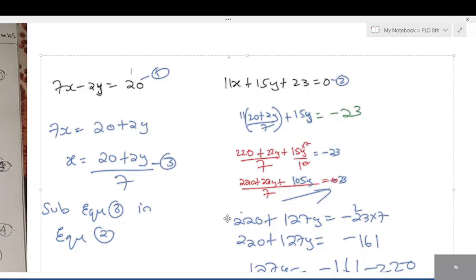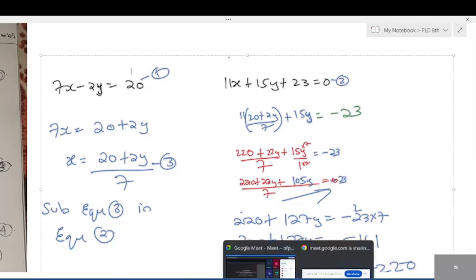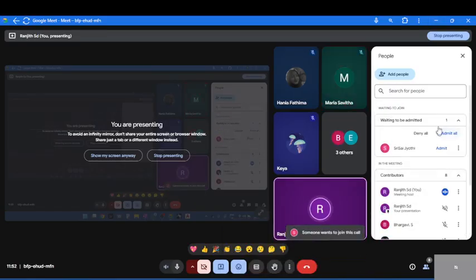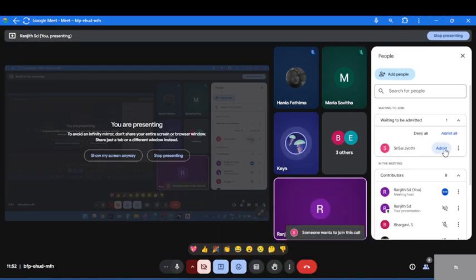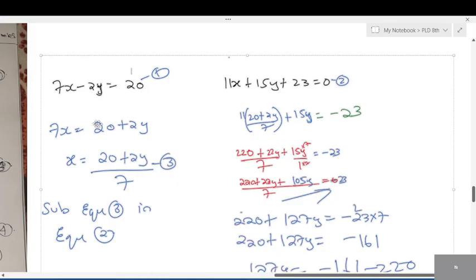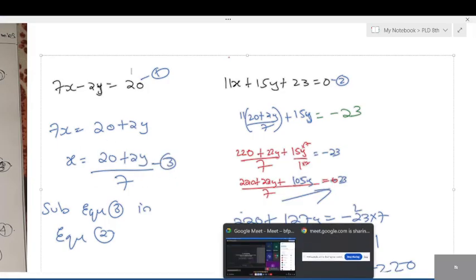Fine, but better to substitute in equation 1 or 2, Kia. That's the question, right? How did you get equation 3? From where did we get equation 3?